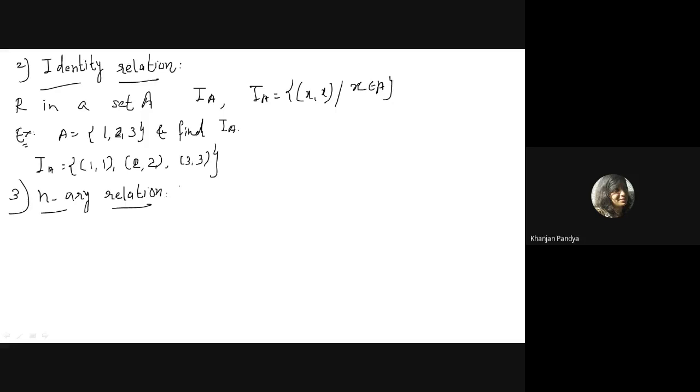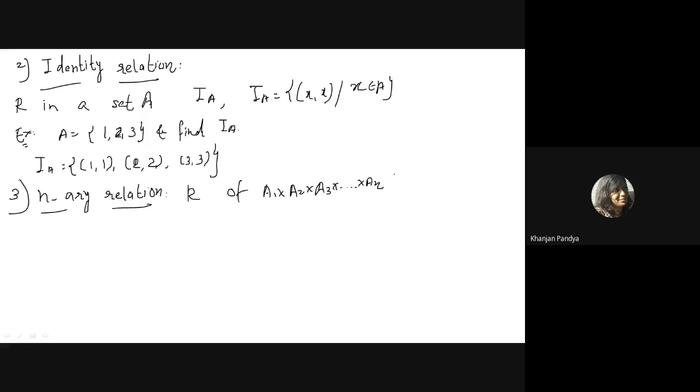So write it down. Let capital R be a subset of A1 cross A2 cross A3 cross up to An.